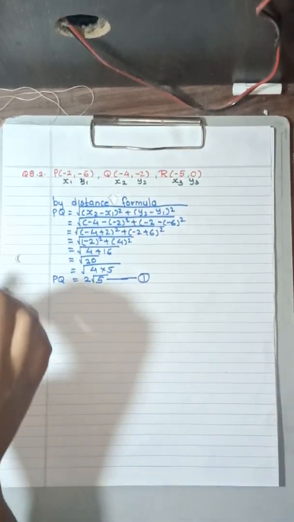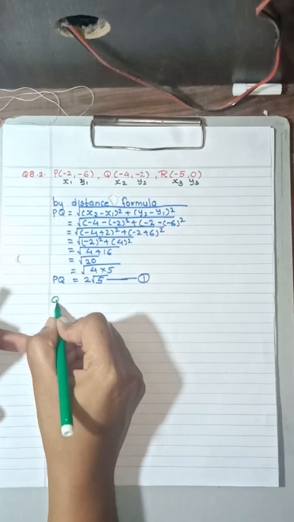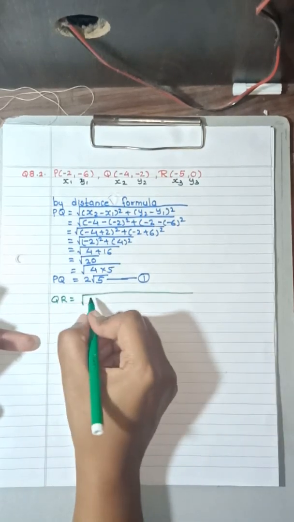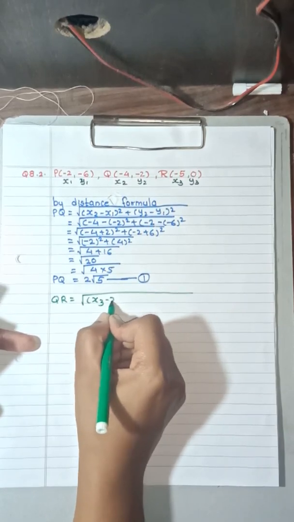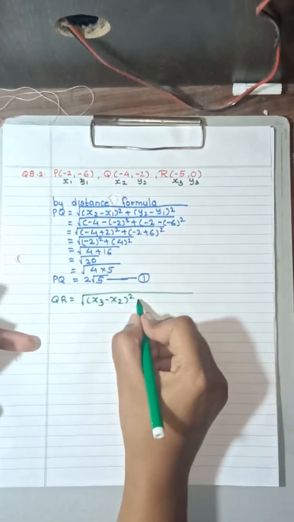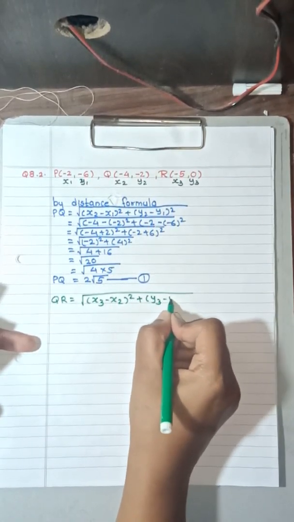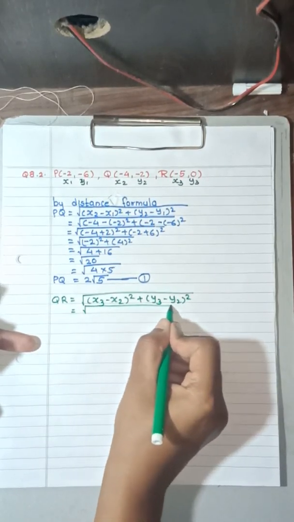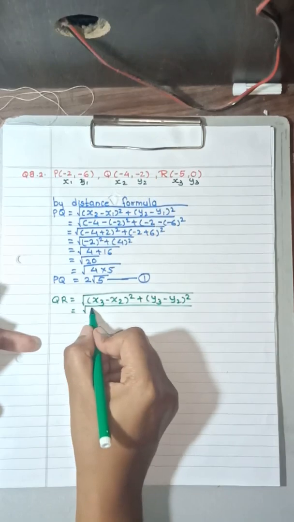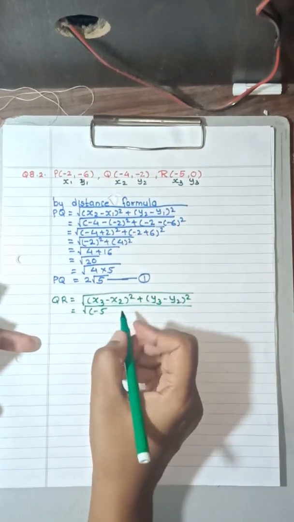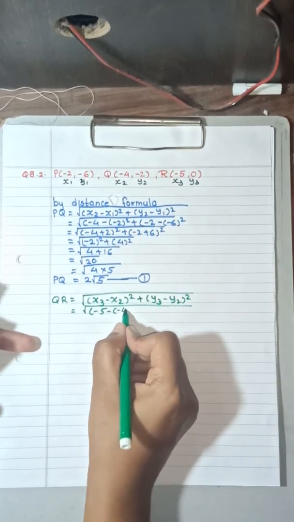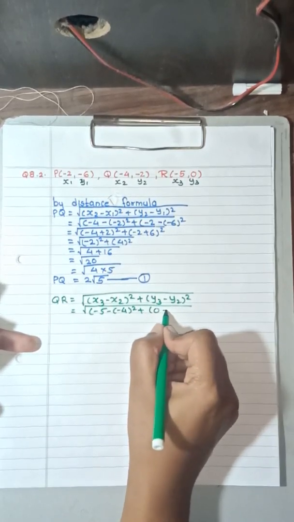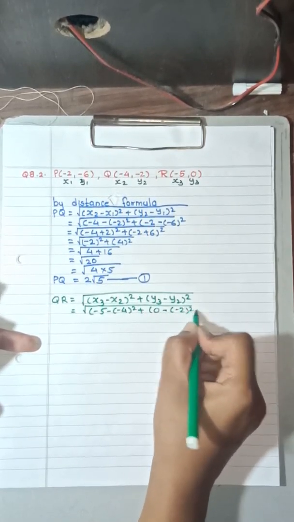Okay, distance QR is equal to under root of (x3 minus x2) square plus (y3 minus y2) square. That is equal to under root of, now what is the value of x3? x3 is -5, minus x2 is -4, square, plus y3 is 0 minus y2 is -2, square.